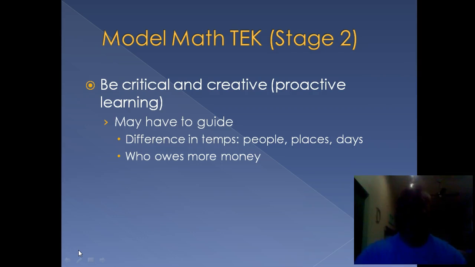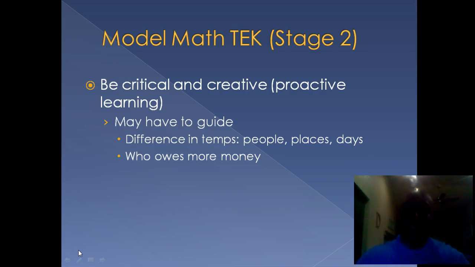Stage two, we talked about evidence that the kids basically can get it. In stage two, I said before, we have to be critical and creative, which promotes proactive learning. In stage two, we may have to guide our students into where they need to be.